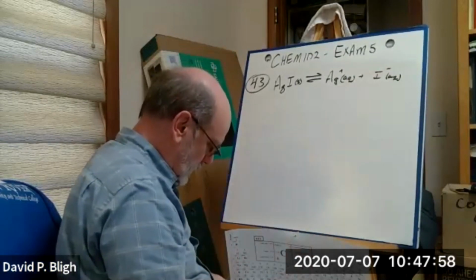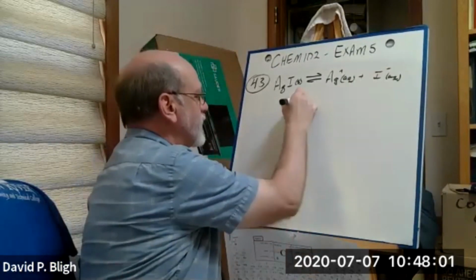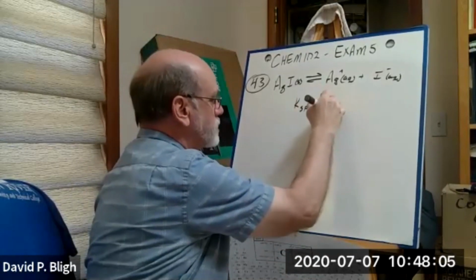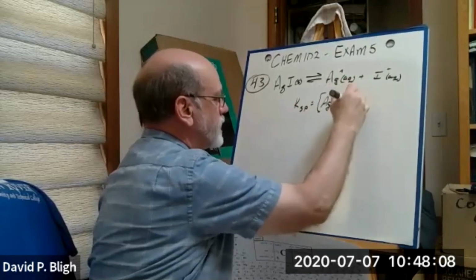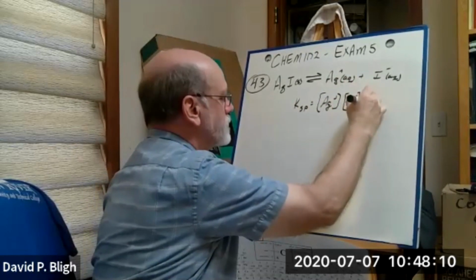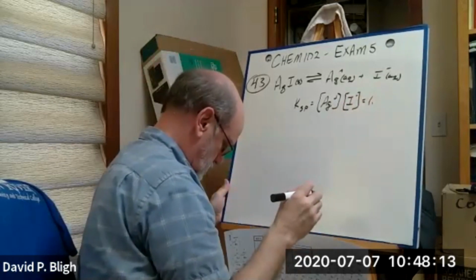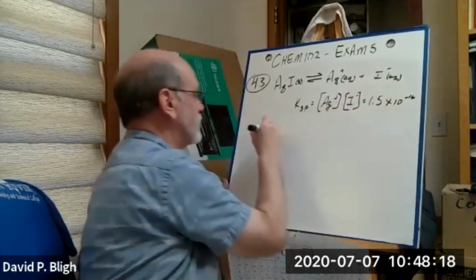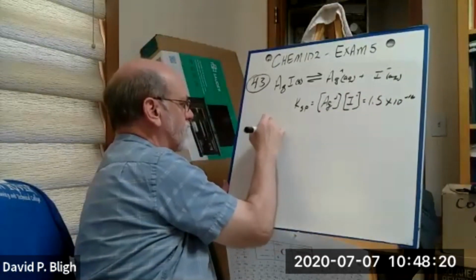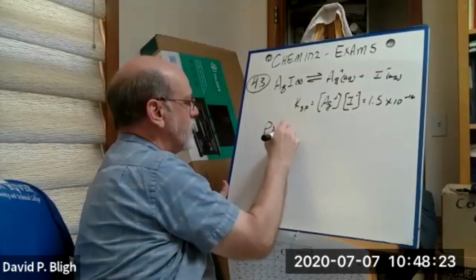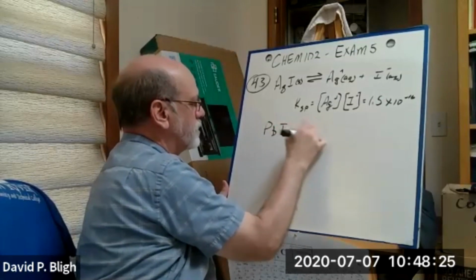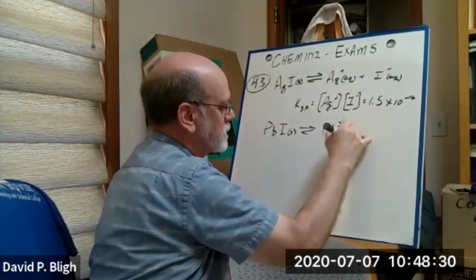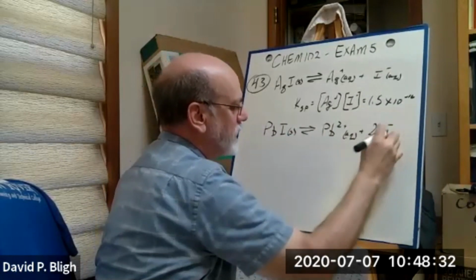All right, and the KSP for this one is equal to 1.5 times 10 to the minus 16 versus lead iodide. So it produces lead 2 plus and 2 iodides.